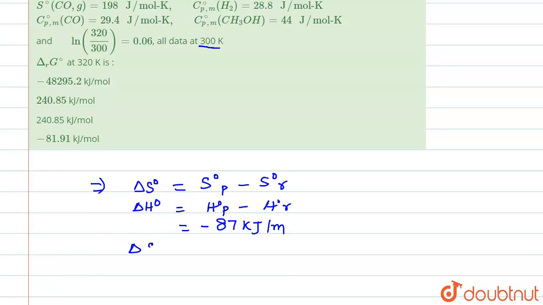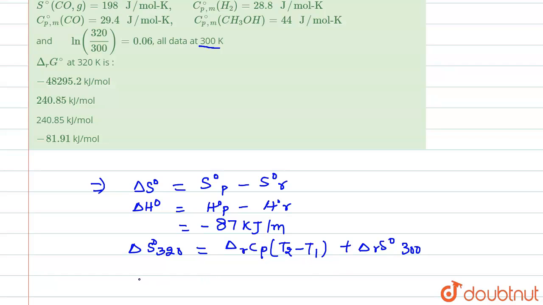So for ΔS° at 320, which is our temperature, we can write it as ΔrCp (T2 minus T1), the temperature difference, plus ΔrS° at 300, right?